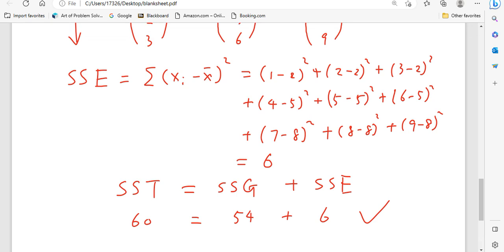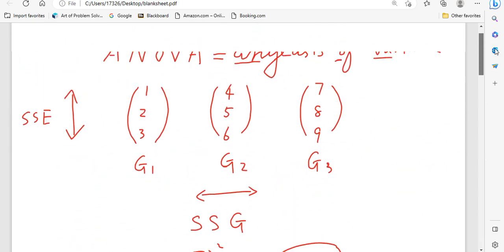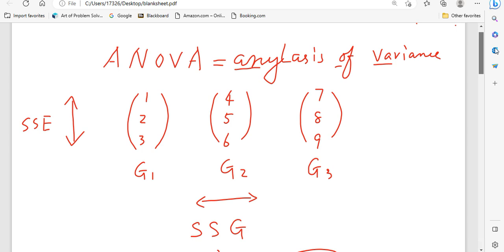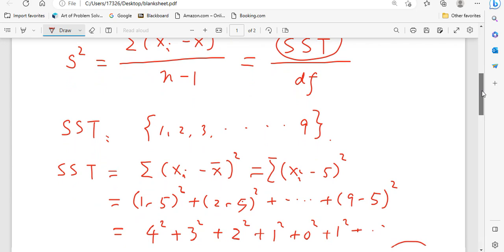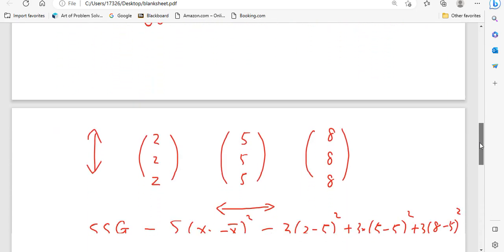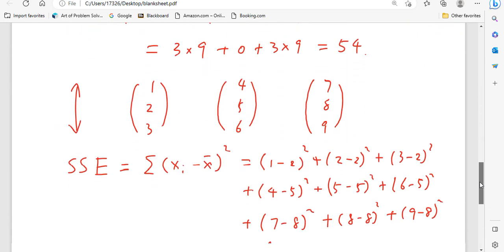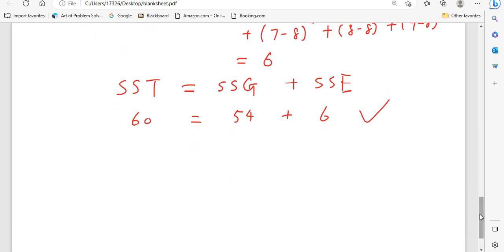So now let's go back. ANOVA means, okay, our question is: do these 3 groups have a difference? So how can we judge this difference? Is it big or small? If there is no difference, then in this direction axis G should be small.